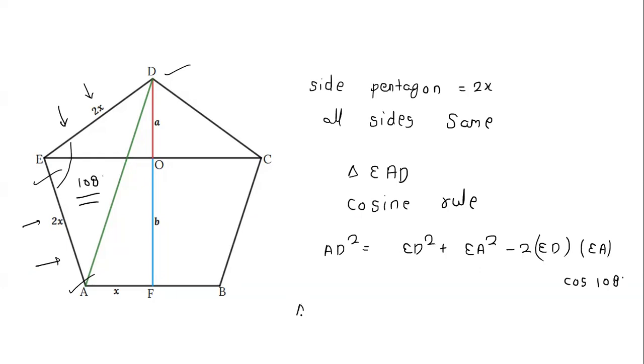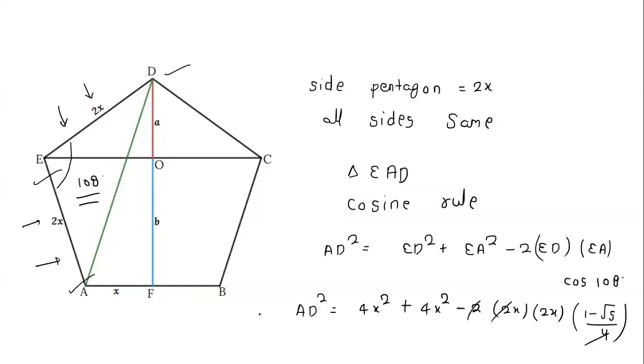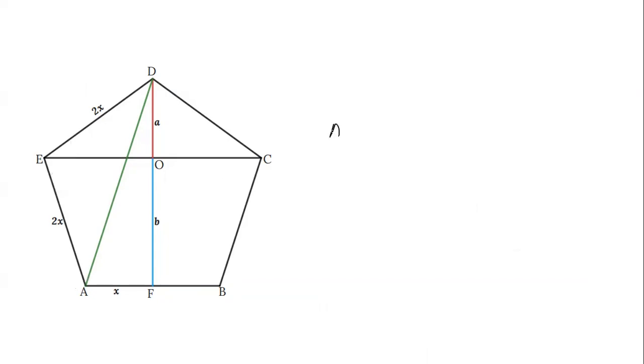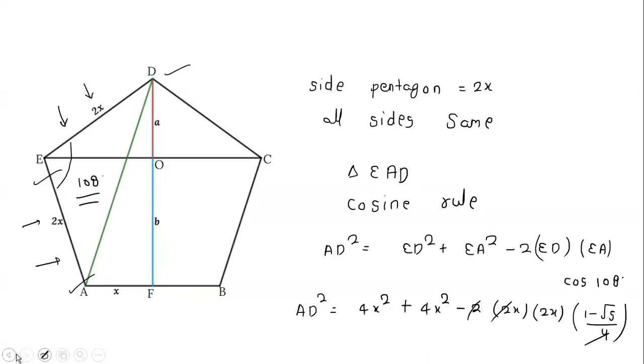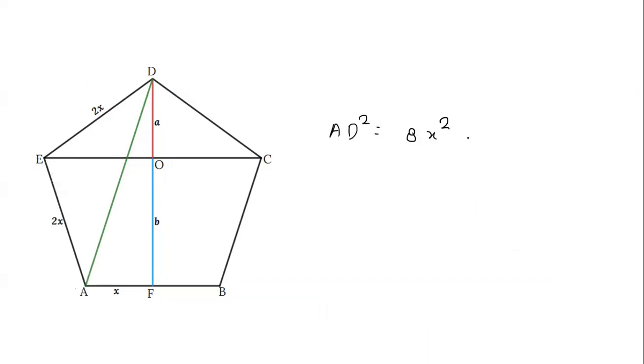So now we can write AD square as 4x square, which is 2x whole square, and this is also 4x square, minus 2 times 2x and 2x, and cos of 108 you can find it is 1 minus root 5 divided by 4. So this will cancel and it will become AD square is equal to 8x square minus 2x and it is 1 minus root 5.